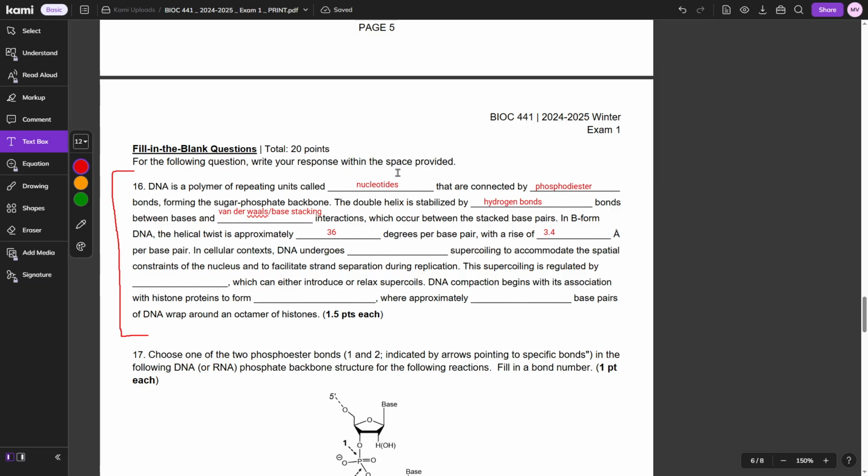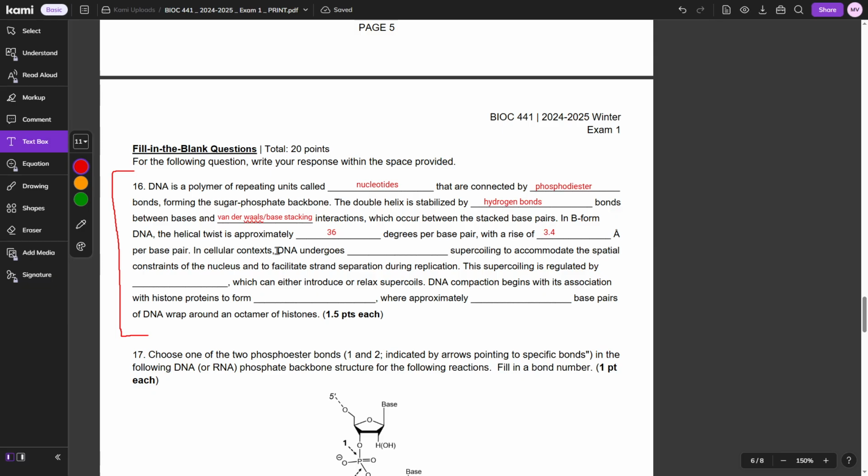You could if you wanted to, but considering you guys get a note card, use it. So yeah, I would go with that. And make sure when you do these, you write these down for the A, B, and Z forms of DNA. Write it down for all three of them, not just one or two. All three of them. Right?